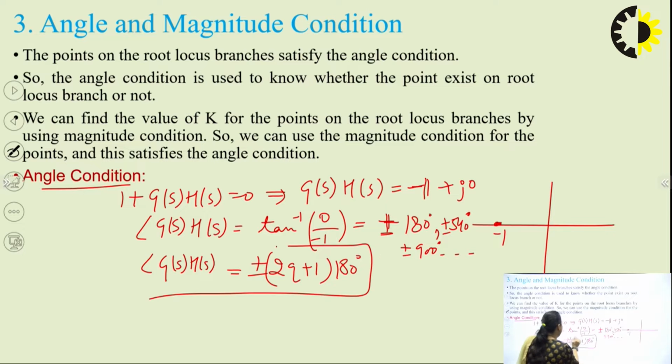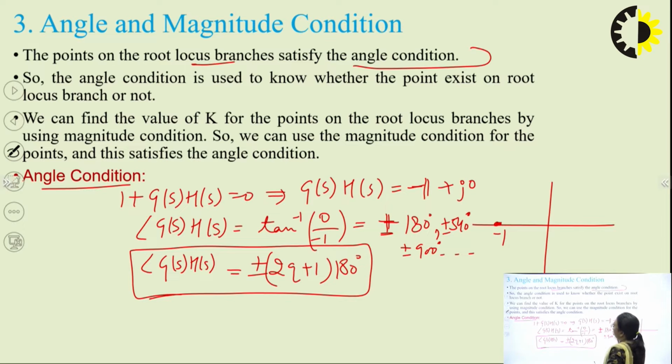So in general I can conclude that the angle of G(s)H(s) will be plus minus (2q plus 1) into 180 degree, right? That is, the angle condition is that the angle of G(s)H(s), for values of s which are roots of the characteristic equation, is an odd multiple of 180 degree. Okay. So the points on the root locus branch will satisfy the angle condition.